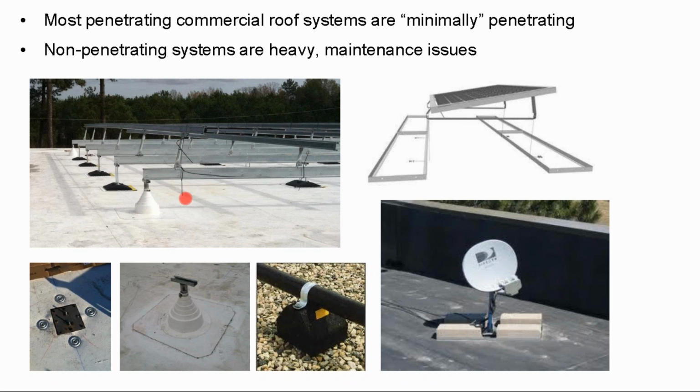The concern about elevating the rack is a variation on another concern about solar, which is, will it add too much weight to the roof? Can the roof support it? And there are commercial rooftop systems out there that are already pushed to their limits.